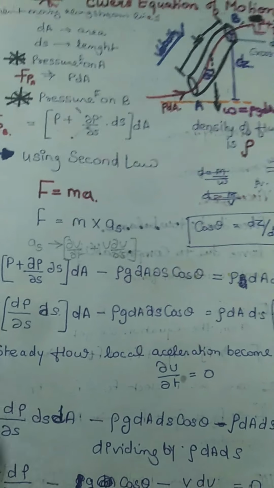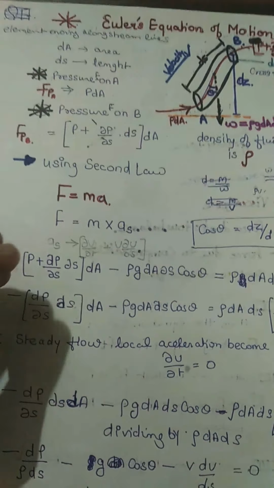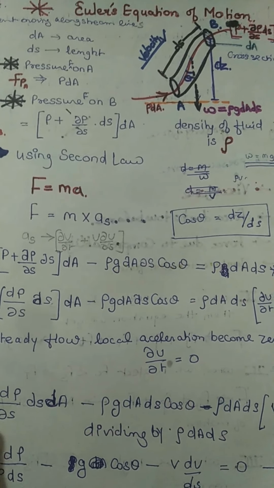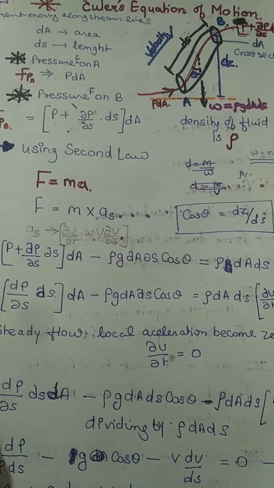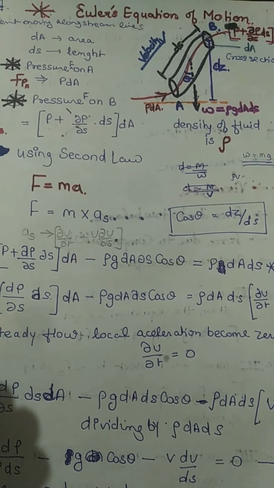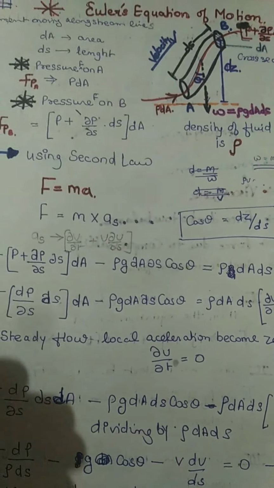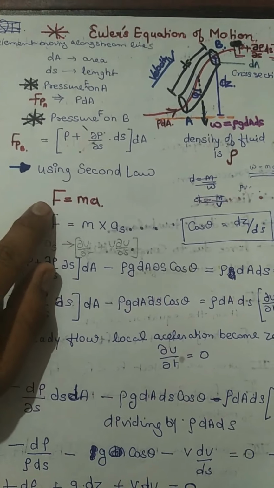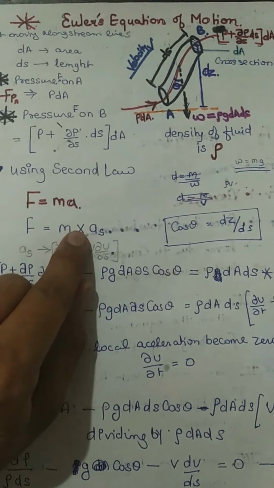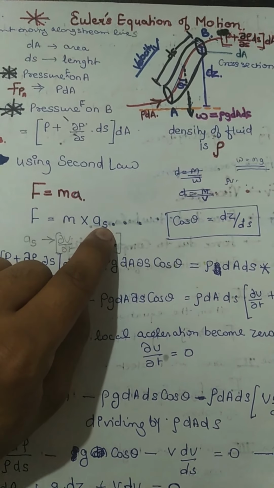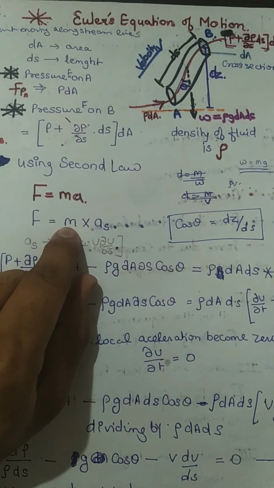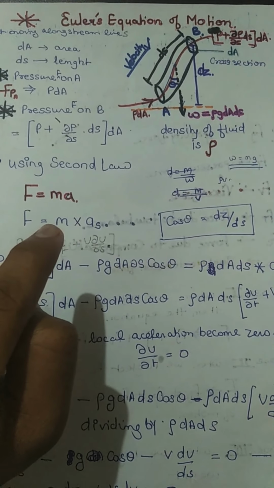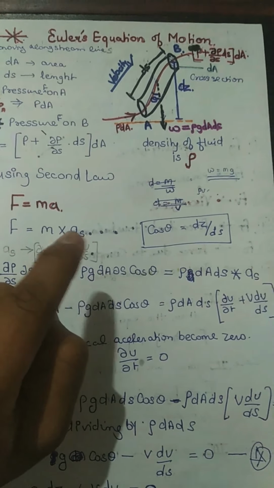Moving further, now using the second law of motion, that is force equals mass into acceleration. Very simple, you will be getting each and everything. Again we know mass equals rho dA ds and acceleration as.